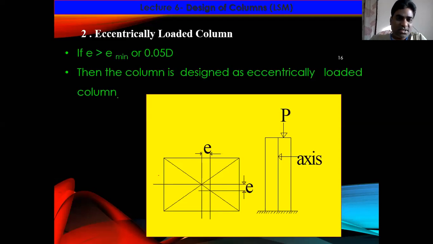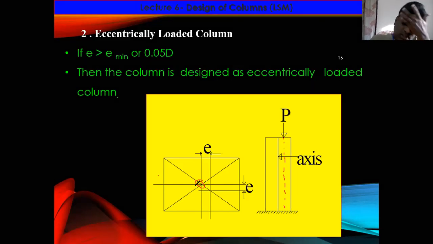Suppose this is the cross section plan of a column. The centroid is here, but the point of action of the load is away from the centroid of the cross section of the column. Then we call it an eccentrically loaded column.